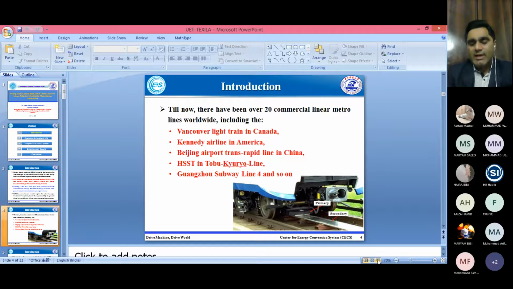Okay, as a small picture shows, there is the primary and secondary, because in an electrical machine we have an electromagnetic and a mechanical conversion system.